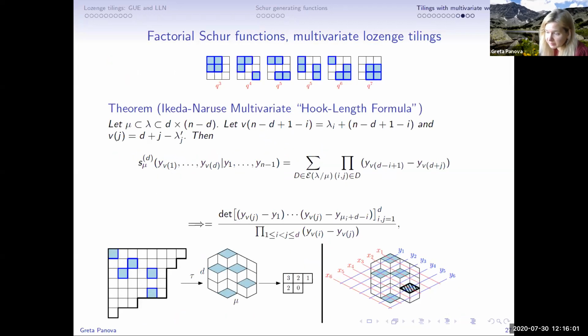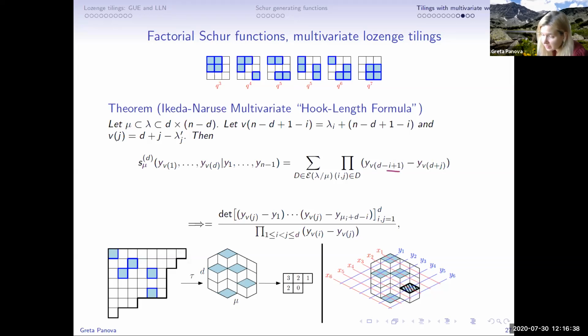So for the multivariate case, these are the factorial Schur functions, and so it's a specialization. In this case, we have a formula exactly because these things originally came from this equivariant Schubert calculus, as I mentioned. So we have a formula which says that we sum over these excited diagrams of things that look like this.